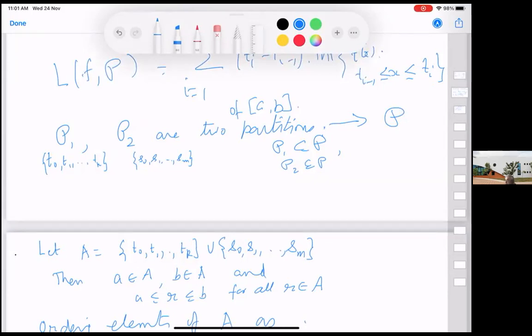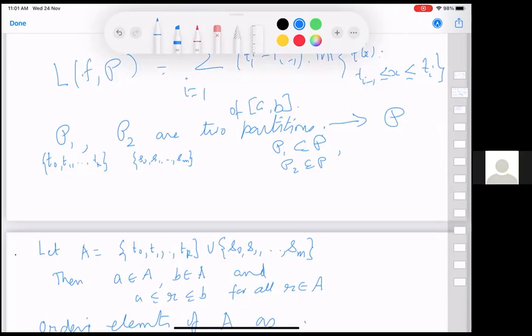Now, for proceeding further and proving some natural things, this is the first observation that if you take any two partitions, P1 and P2, these are just two partitions of AB in the type that we are discussing currently. So suppose P1 divides into K intervals, T0 to T1, T1 to T2, etc. So T0, T1, Tk.